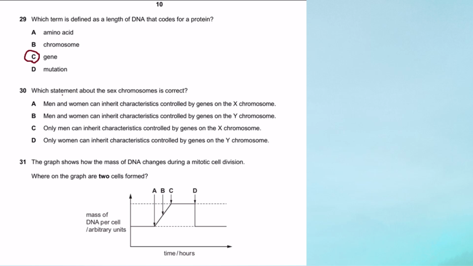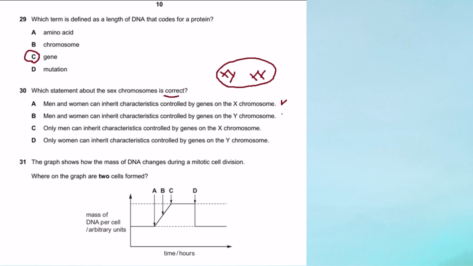30. Which statement about sex chromosomes is correct? Again here, let's look at which one it can't be. They say men and women can inherit characteristics controlled by the genes of the X chromosome. Well, that's possible because men are XY and women are XX. The most general one. I know there are others, but just go to general here. Okay, men and women can inherit characteristics controlled by the Y chromosome.